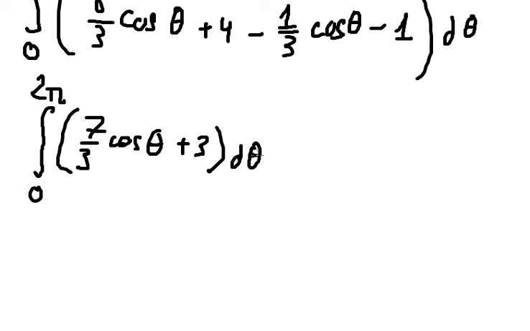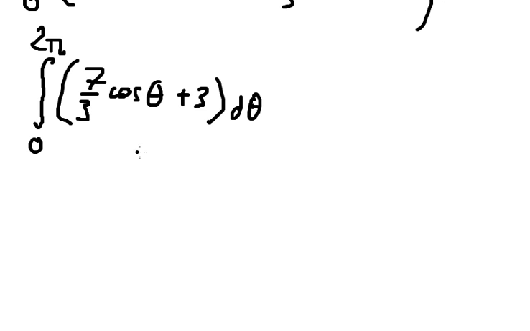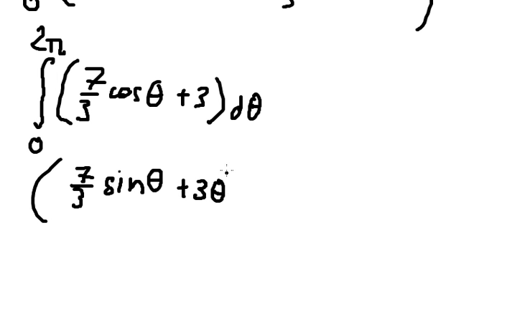The integration of cosine theta is sine theta. 3 is 3 theta. So I will put 2 pi go in here, 0 go in here. So we have 6 pi. This is the end.